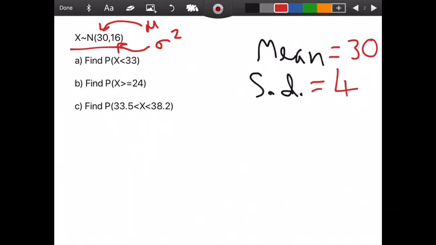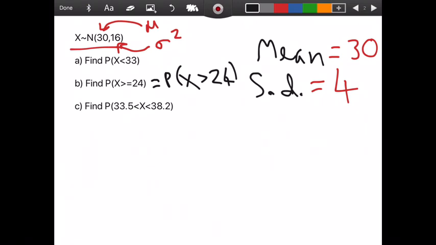When we say x is above or equal to 24, because the data is continuous, this is the same as saying that x is greater than 24, because between 24 and 24.0001 there's an infinitesimally small amount of people.